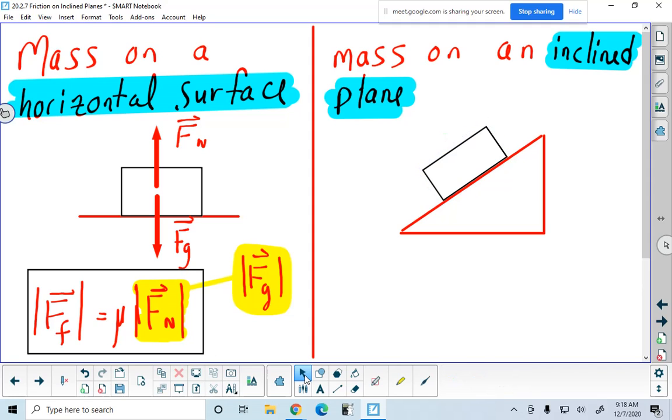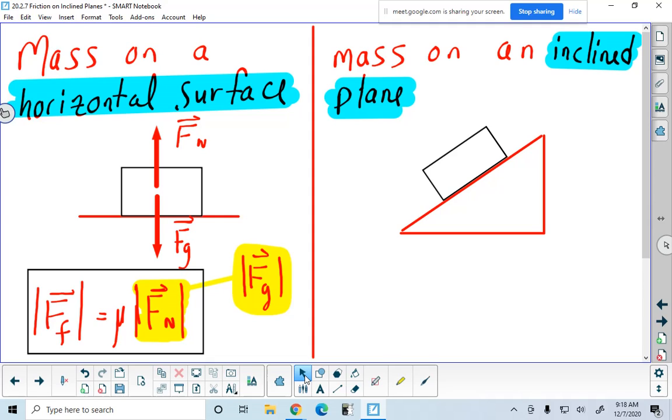And this is going to get very complicated later. This object could be moving up because somebody is pushing it up, or you're pulling it up with a rope, or it could be moving down, simply because there's not enough friction to hold it in place, or because even though friction is holding it in place, somebody is pushing it down. So there are all kinds of situations that can arise here.